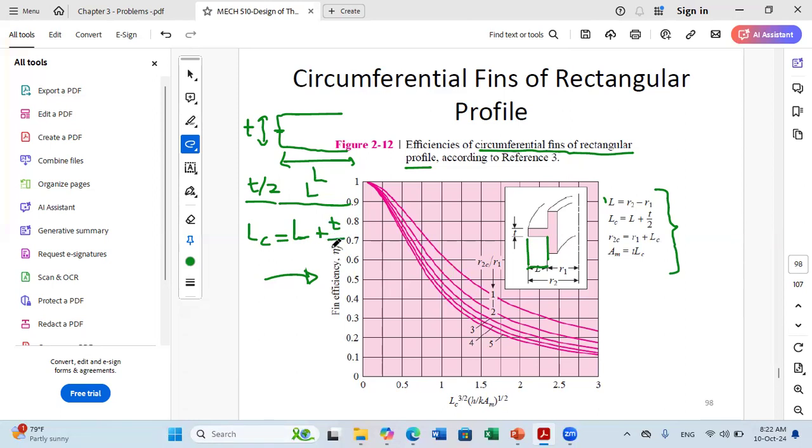Okay, and now if you replace L by its value, what is L? It's R2 minus R1. So L corrected is equal to R2 minus R1 plus T over 2. Okay?